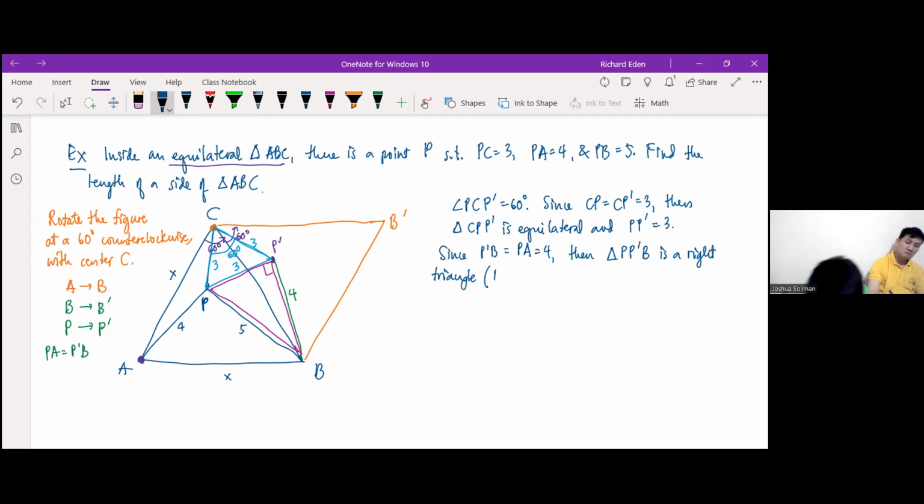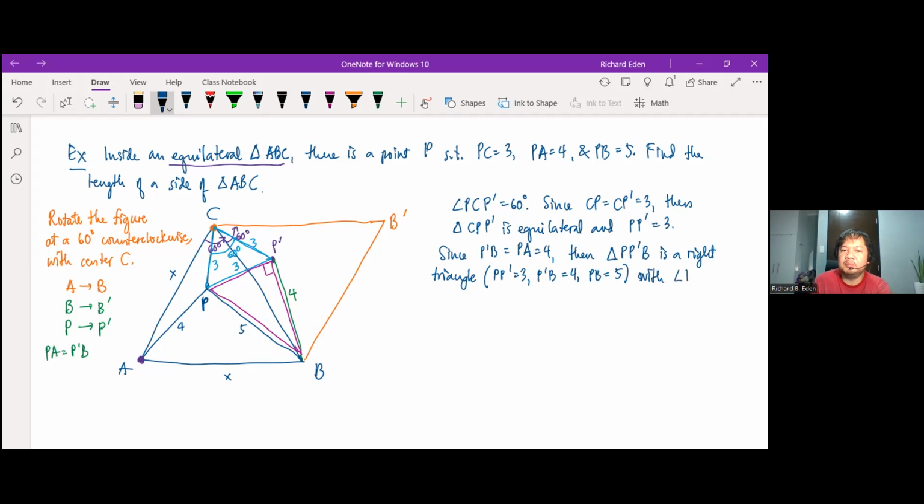That's because PP prime equals 3, P prime B equals 4, and then PB equals 5. So it's a right triangle with angle PP prime B as the right angle, equal to 90 degrees.